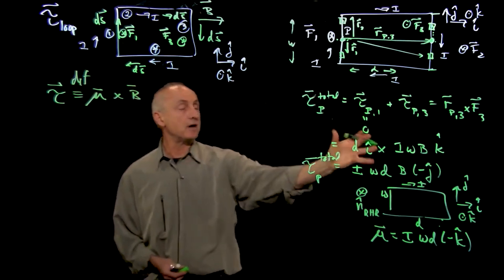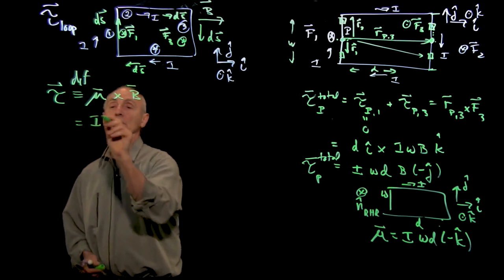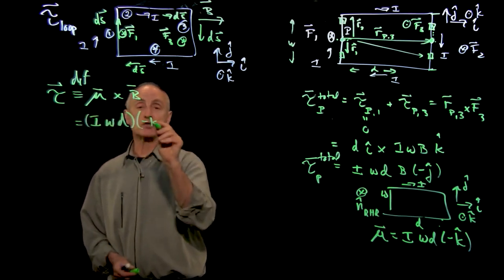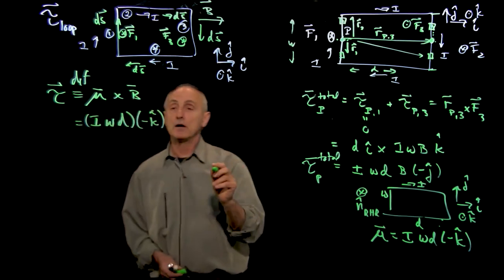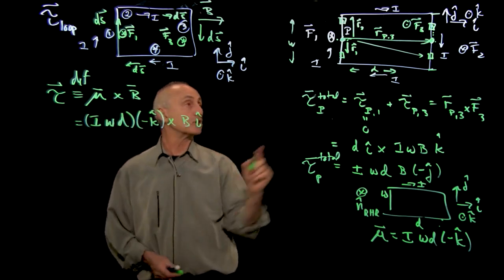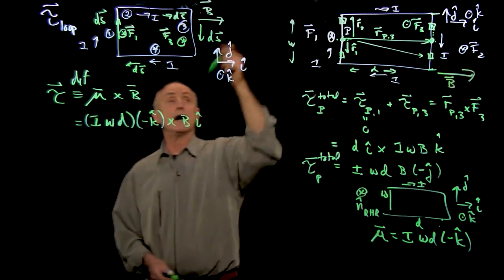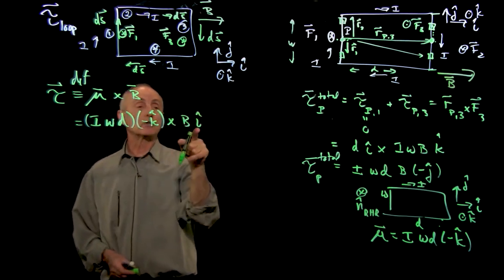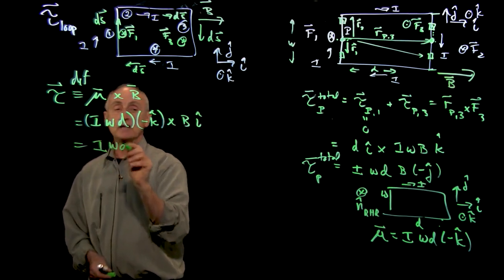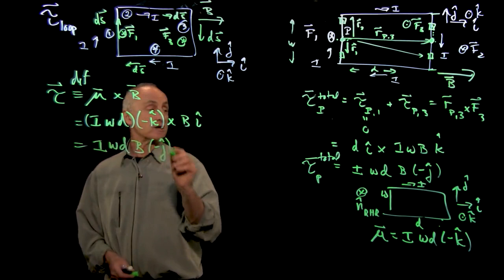Now let's see if it corresponds with our calculation. For our current loop here, we have the dipole moment pointing in the minus k hat direction. Our magnetic field is pointing in the i hat direction. So the B field was going in the i hat direction. And k hat cross i hat is j hat, so minus k hat cross i hat is negative j hat. And so we get I W D B in the negative j hat direction.